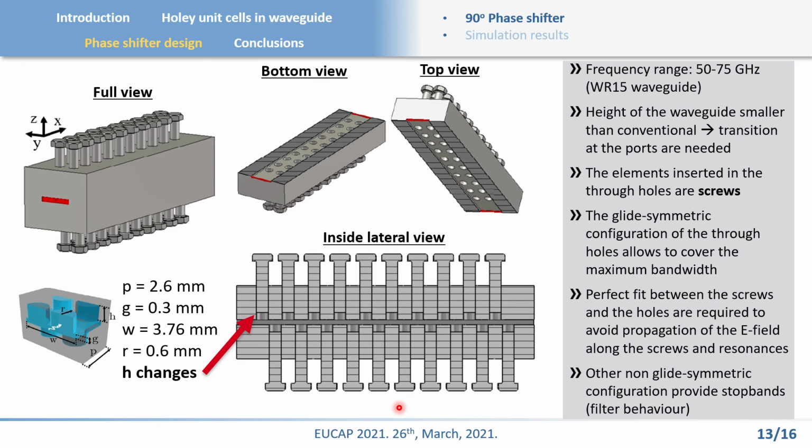It is important to note that only the Glide-symmetric configuration of the through holes avoids the stop bands, and in consequence, the operation is in the maximum bandwidth. In order to avoid propagation inside the hole when the screw fixes a small depth value, there must be a perfect fit between hole and screw, because otherwise there exists a coaxial mode along the screw that modifies the behavior of the phase shifter and allows resonance.